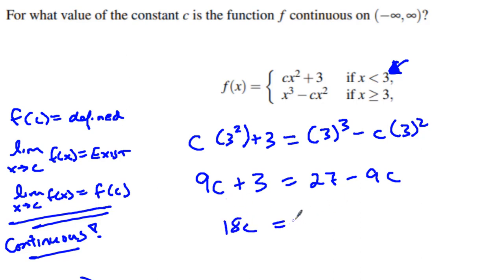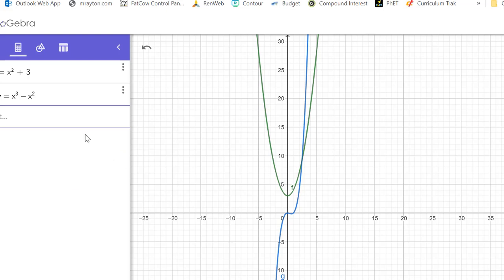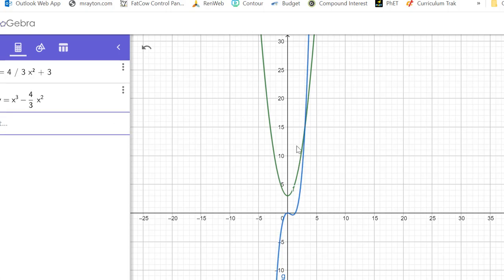I subtracted 3 and I get 24, which means c has to be 24 over 18, or 4 over 3. So I need to change my constant. I'm going to put 4/3 right here, and 4/3 right here, and that changed my function a little bit.